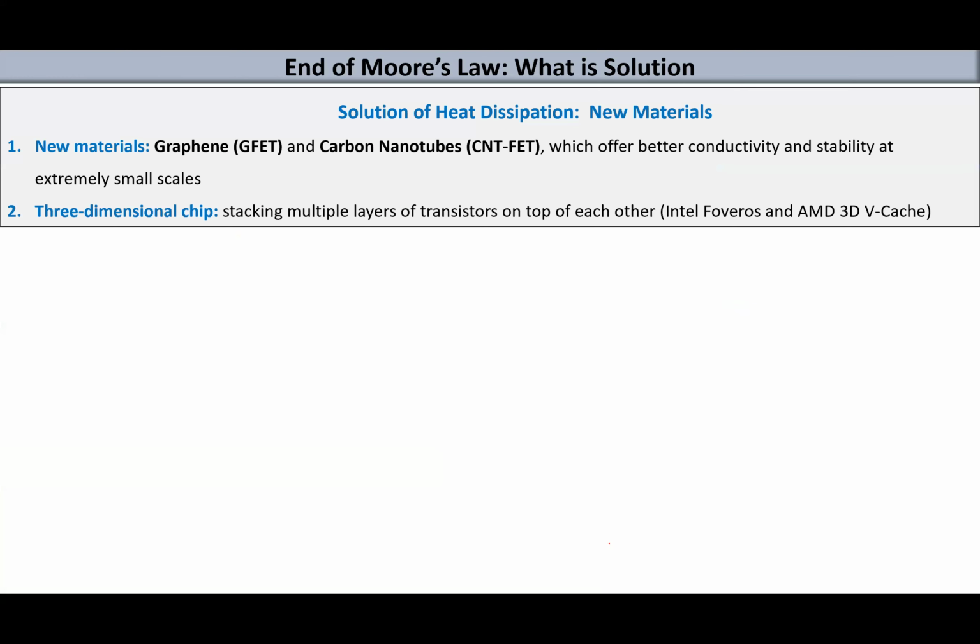To manage the heat dissipation, one can go with different types of transistors, maybe graphene or carbon nanotubes, which offer better connectivity. As a result, the heat dissipation will be much better in that case, because they are much better heat conductors.